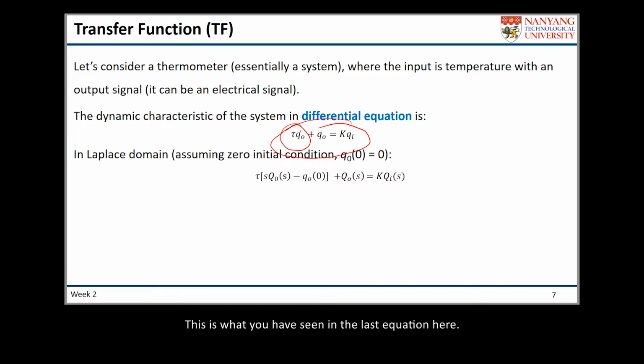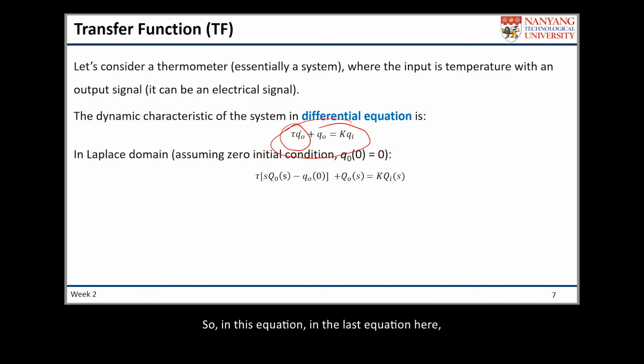So this is what you have seen in the last equation here, the Laplace of the differential equation of the model. That is the first step. You have to Laplace the differential equation. The next step is you have to assume 0 for all initial conditions. What I mean by initial condition is the value of either Qi or Q naught when time is equal to 0, including their derivatives.